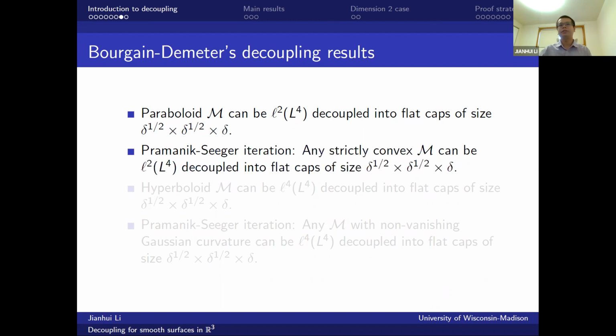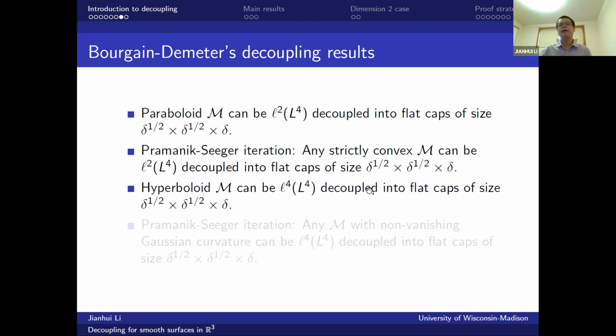And parametric Seeger iteration tells you that any perturbation of that paraboloid, in particular, as long as the Hessian determinant is bounded below, then it is good. So any strictly convex M satisfies that, right? Because we consider a compact set. And for this flat cap, you can do a Taylor expansion. You know that it is of the size roughly this. Okay, and this depends on the lower bound of the Hessian determinant. This is parametric Seeger iteration.